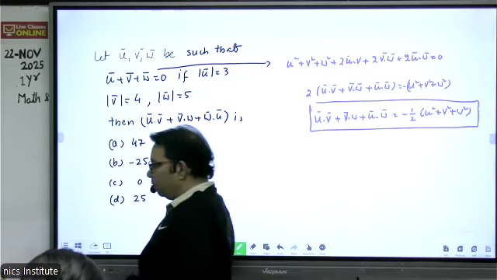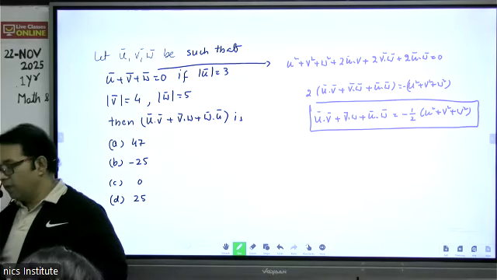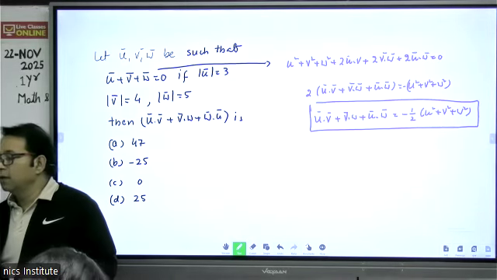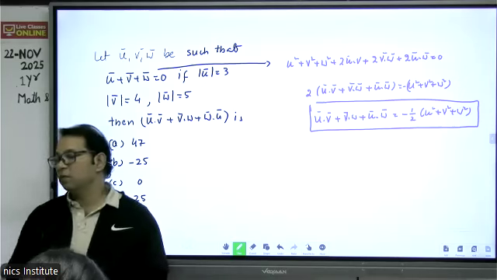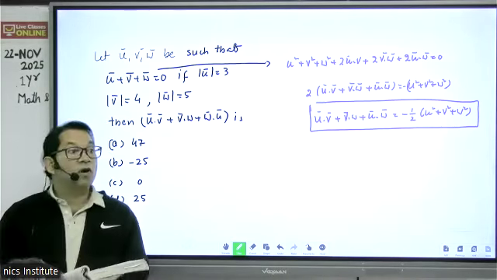U dot v plus v dot w, and this is always minus u square plus v square plus w square. So the answer for this question will be always negative.